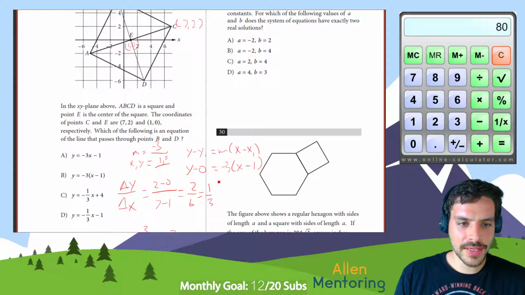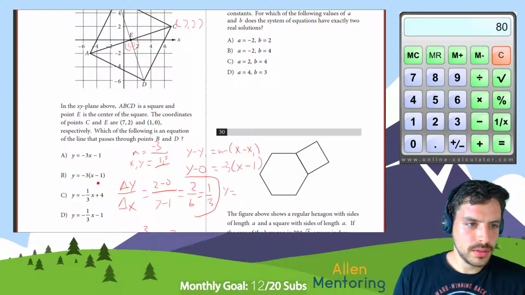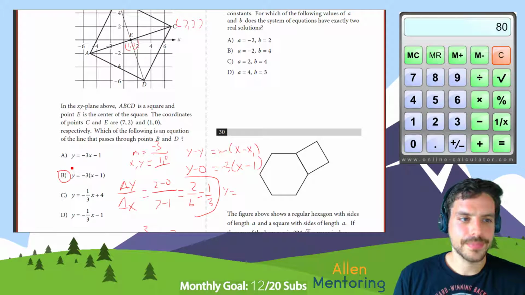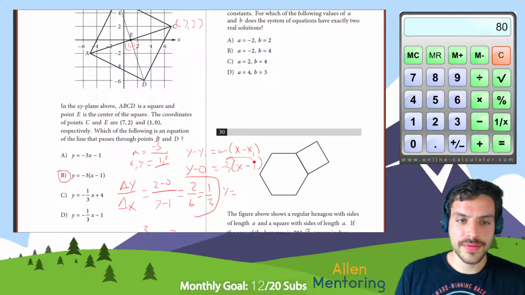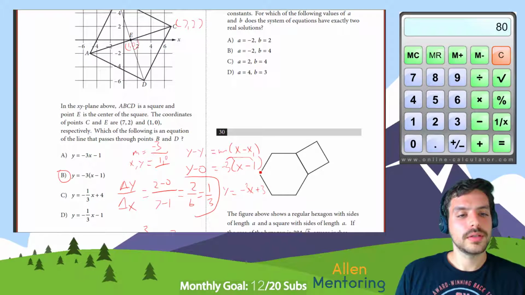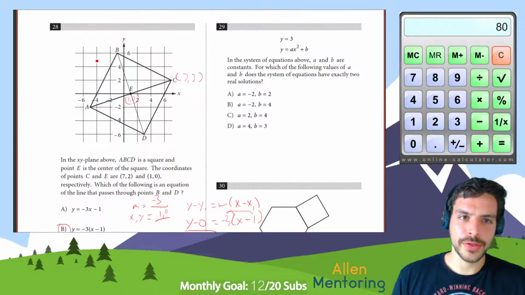So y equals negative 3 times x minus 1. Bam. If you want to distribute the negative 3, you get negative 3x plus 3. So that is the equation of our other diagonal.